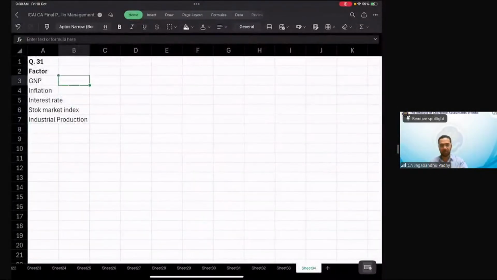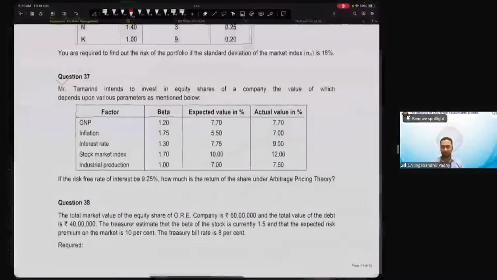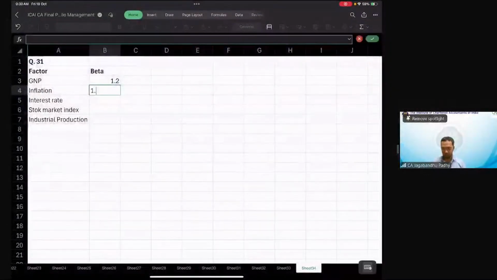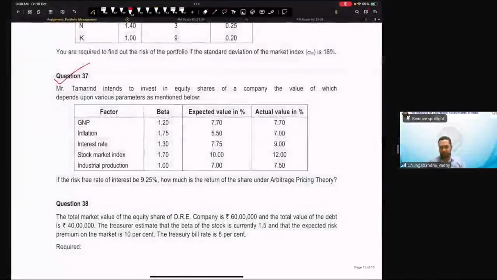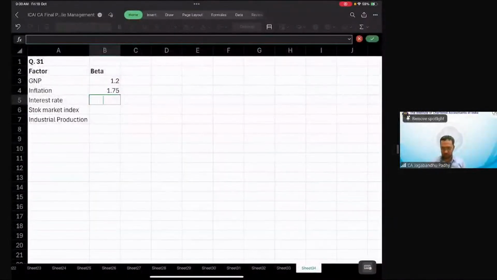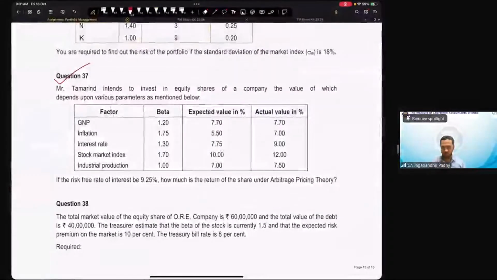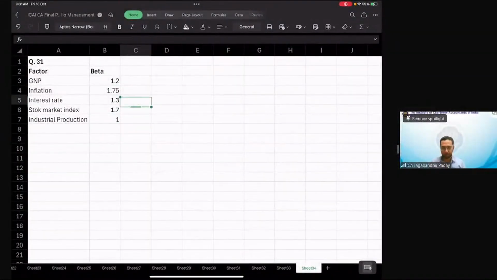So here we have these particular factor betas, which are 1.2, 1, 1.75, 1.30, 1.70, and 1. These are the factor betas.